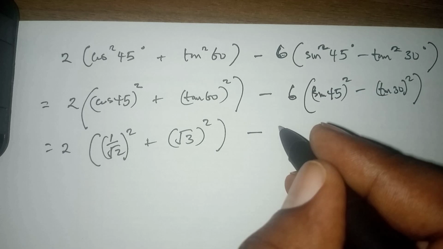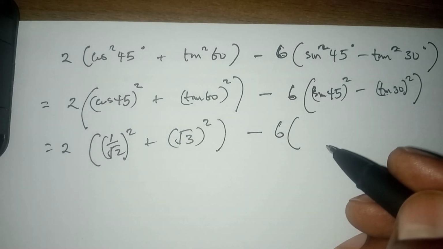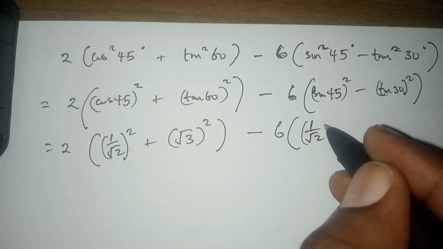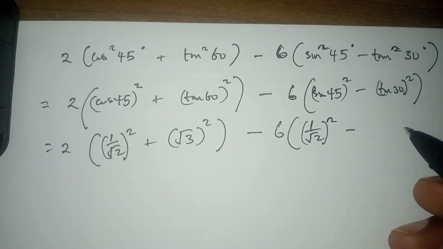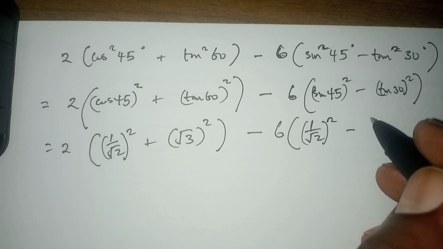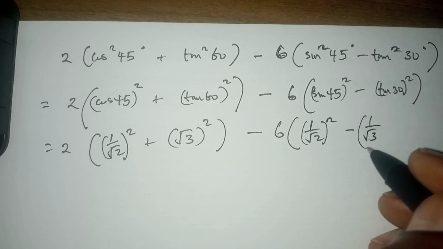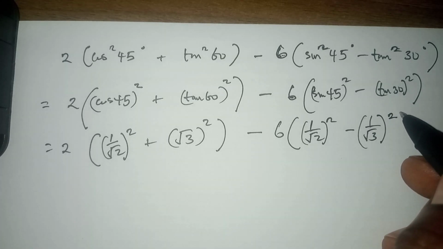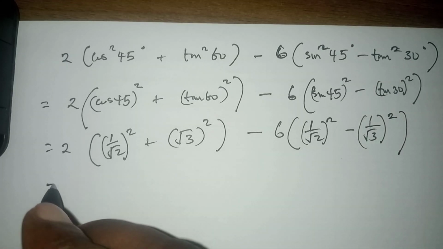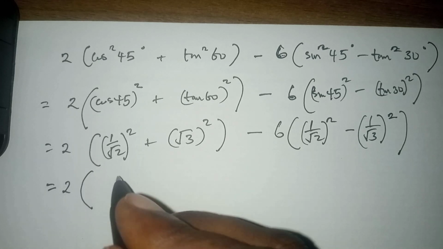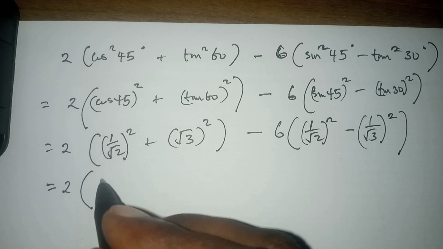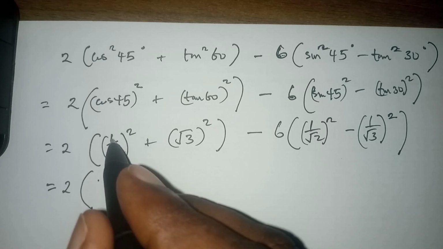All right, minus 6 into, what's sine 45? Sine 45 is 1 over root 2, all squared, minus tan 30. Tan 30 is 1 over root 3, all squared. So we'll continue. This is 2 into, you just apply the power to everything inside the bracket.